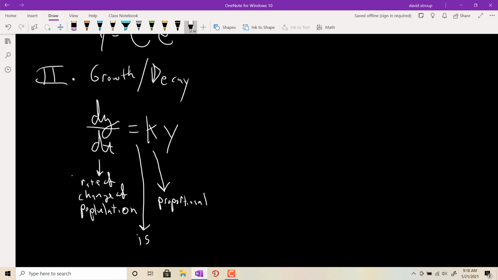You remember, hopefully, from algebra or pre-calc, inversely proportional, directly proportional, those things, you could Google those if you forget about it. It is directly proportional to the population at some time t.